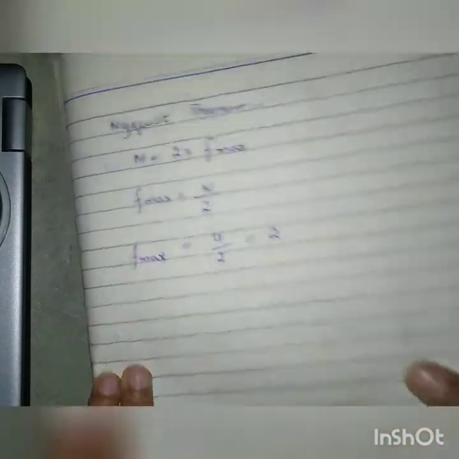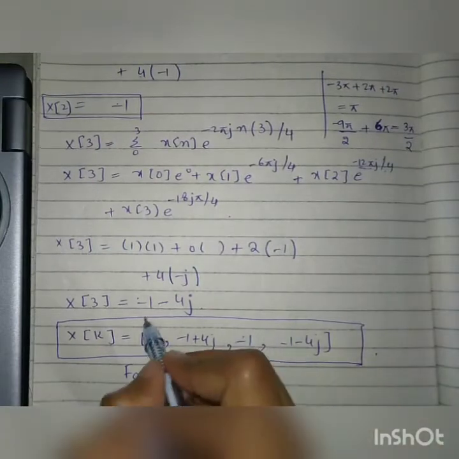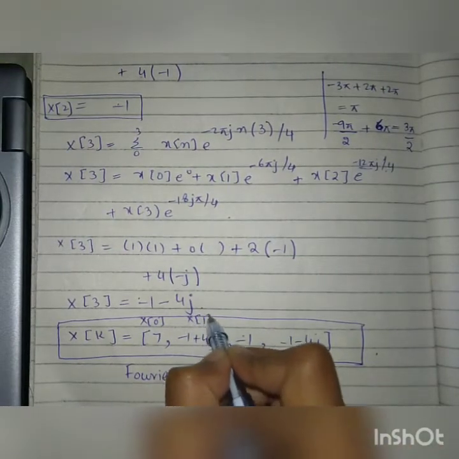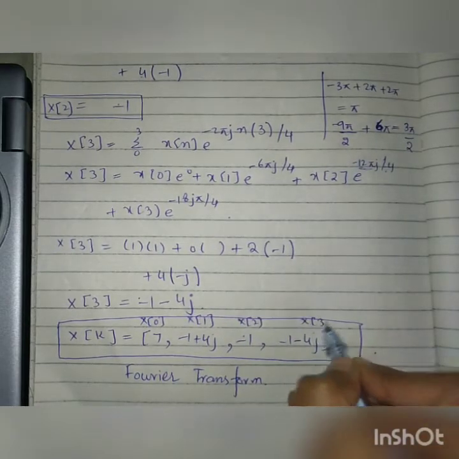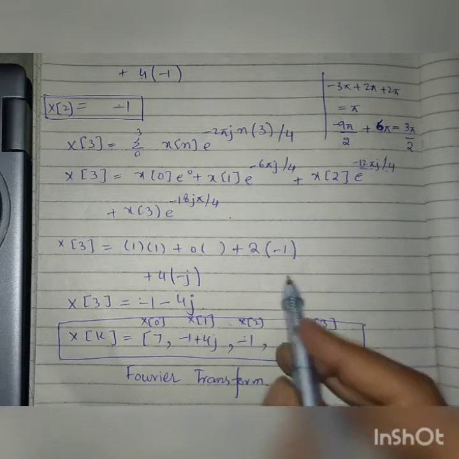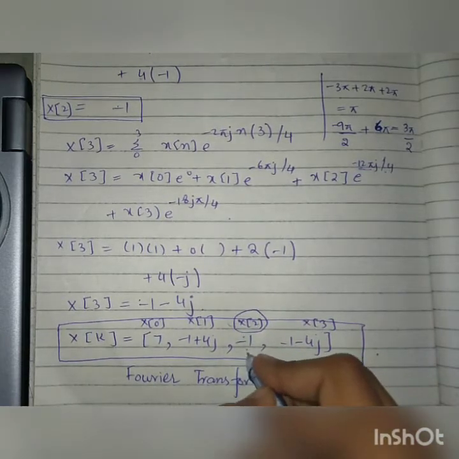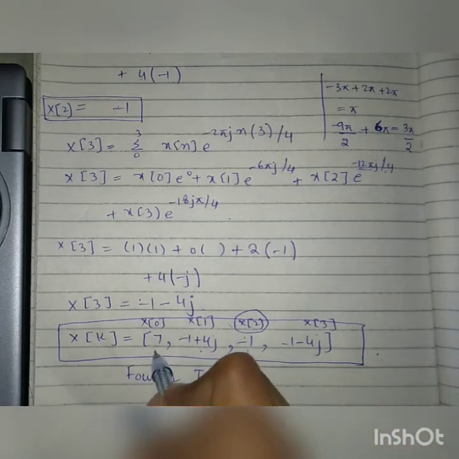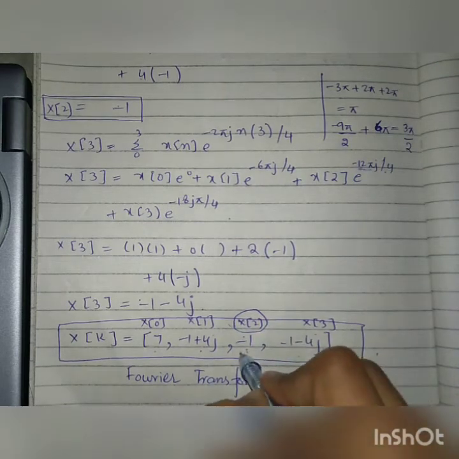That means from the samples we have this x of 0, x of 1, x of 2, x of 3. So this sample has the highest frequency, then this is lower than that, this is lower than that, and this is lower than that. The maximum frequency lies here.